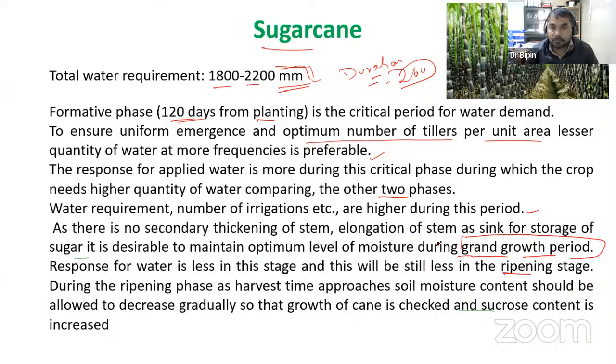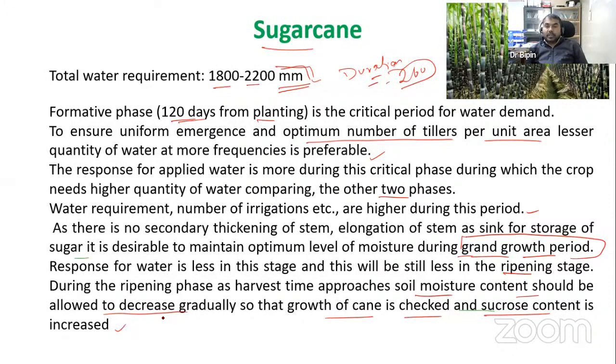After your sugarcane starts to ripen, at that moment irrigation will not play a very important role. During the ripening phase, as harvest time approaches, the soil moisture content should be allowed to decrease gradually, so that the growth of the cane is checked and sucrose content is increased.